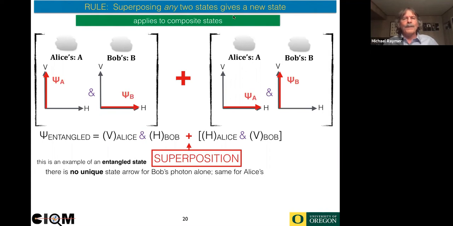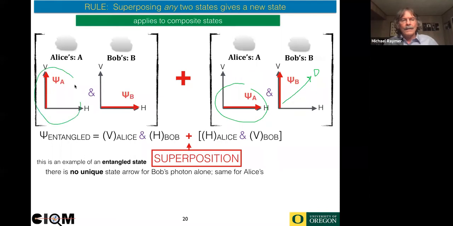So you might be tempted to say, well, it looks like Bob's photon is H plus V. Therefore, you might be tempted to write that Bob's state is actually D. But that's not true, because if I said Bob's state is D, well, what's going on with Alice's state?